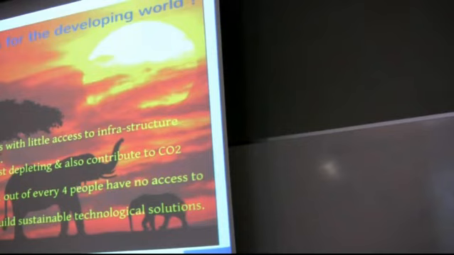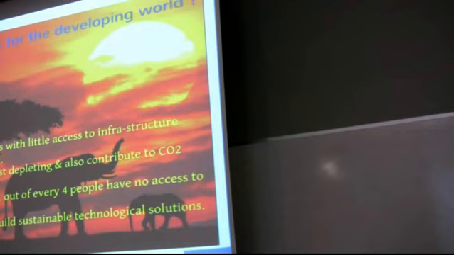Biomass is what's typically used in most of the world today for cooking and so on. And by that, I mean wood that's gathered, cut down, dry grass, things like that. Unfortunately, that's depleting really fast in the majority of the world, and obviously it also contributes to CO2 emissions, which can be quite problematic.